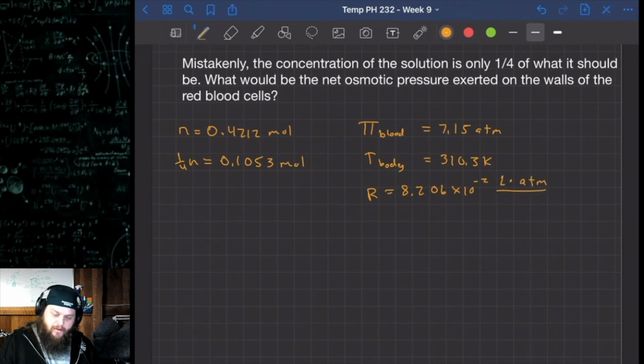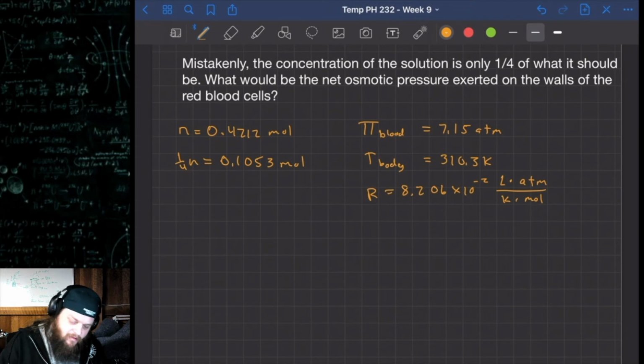So that's liters times atmosphere per Kelvin per mole. And we want to find the net osmotic pressure. So that's the osmotic pressure of the blood minus the osmotic pressure of the solution that we've mistakenly measured or mixed together.